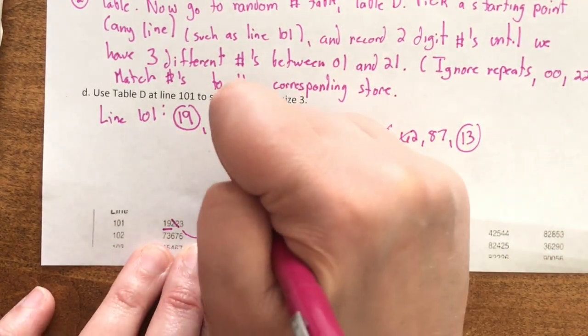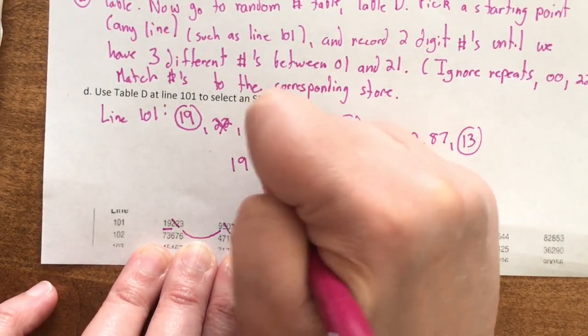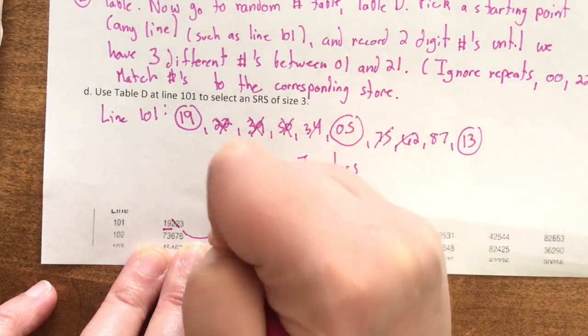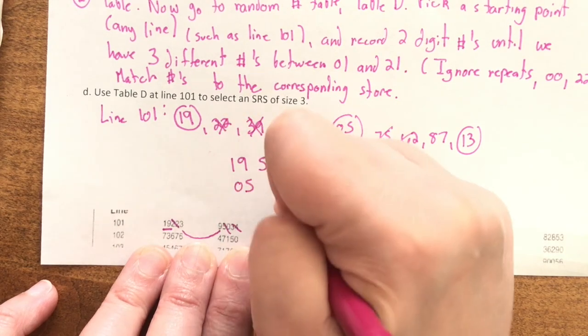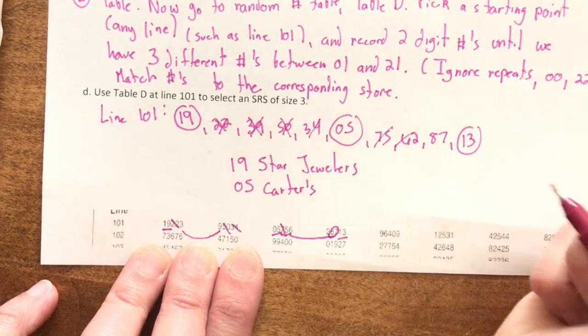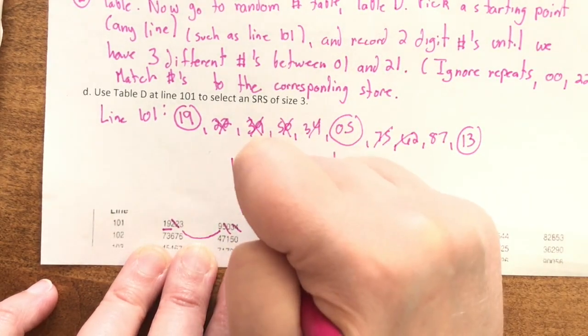So if we take a look at our list, store number 19 at the top tells us that it's Star Jewelers. Store number 5 is Carter's for kids. And store number 13 is Mrs. Fields.